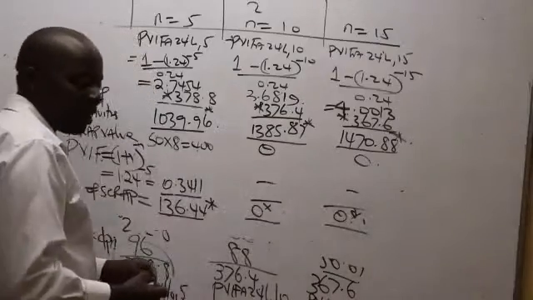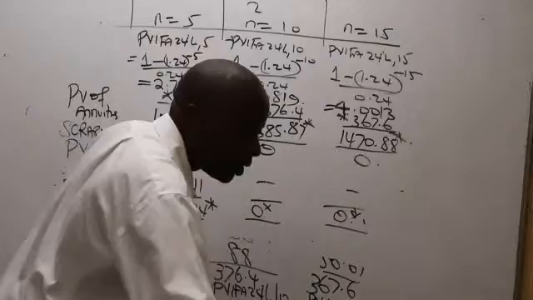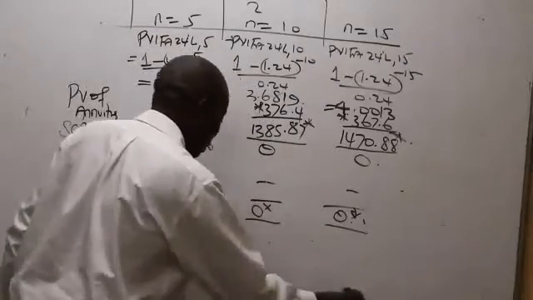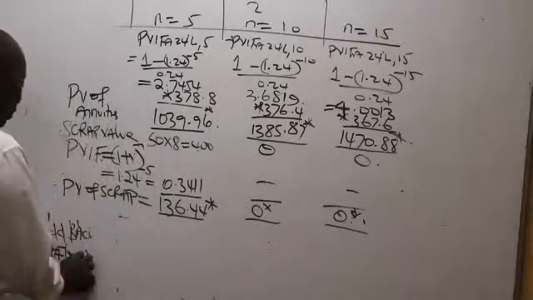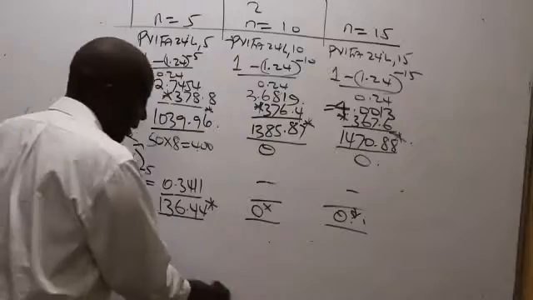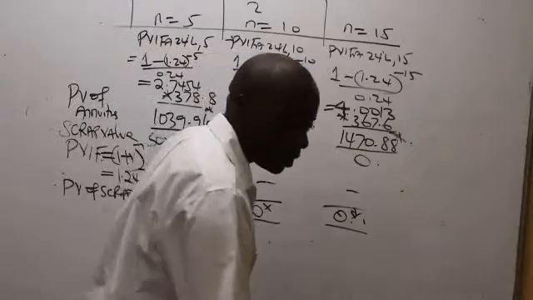Now, the only thing that I need to do is to give my examiner the total present value for both the operational cash flows and the present value of the scrap, the terminal cash flow.